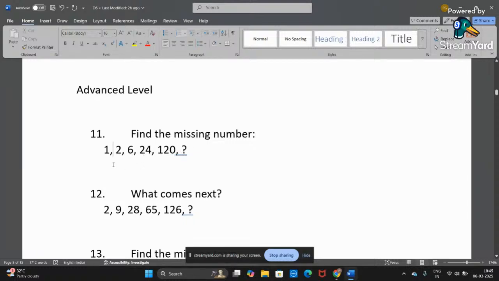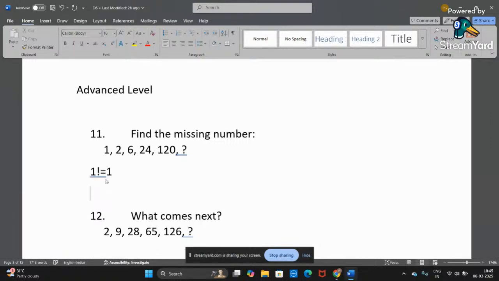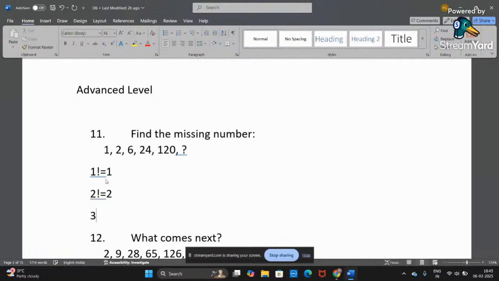Let's find it out. Yesterday we saw the permutation and combination method, right? In that we saw that 1 factorial is 1 and 2 factorial is how much? 2, right? So 3 factorial is 6, 4 factorial is how much? 24, and 5 factorial is 120, right?